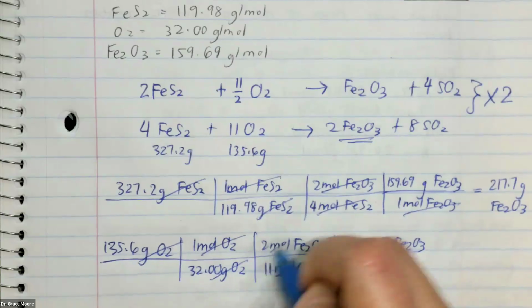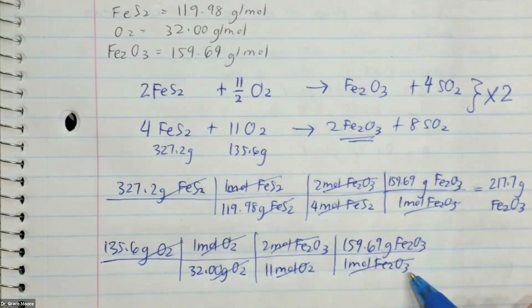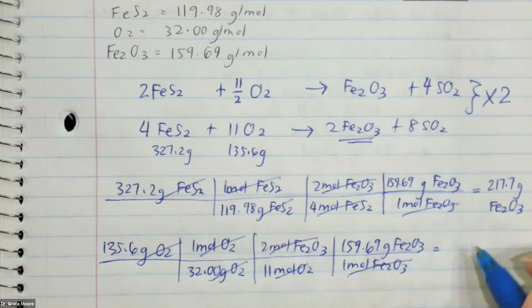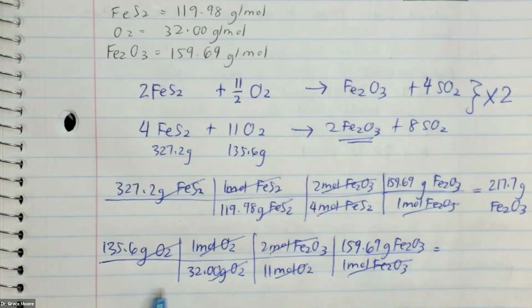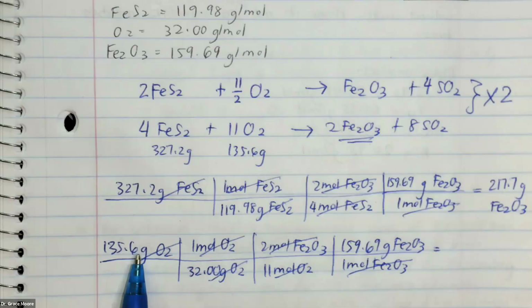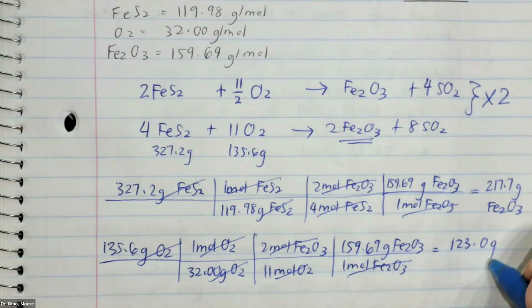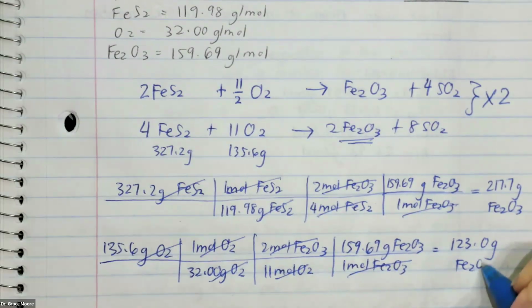If you put 1 mole on the bottom of Fe2O3, and the top is 159.69 grams of Fe2O3, you should get your answer in grams of Fe2O3. So you would take on your calculator 135.6 divided by 32 times 2, divided by 11 times 159.69, and you would get your answer as 123.0 grams of Fe2O3.